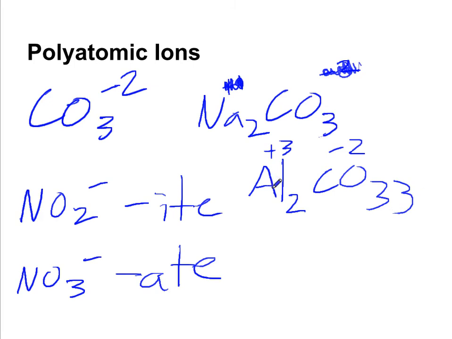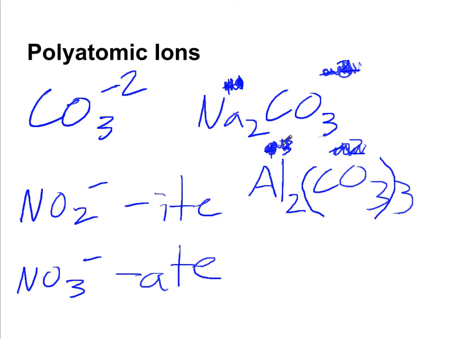Now we're not finished because it looks like we've got 2 aluminums, 1 carbon, and 33 oxygens. What we need to do with polyatomic ions in chemical formulas is put them in parentheses. This way we can see that we've got 3 distinct carbonate ions, not 1 carbon and 33 oxygens.